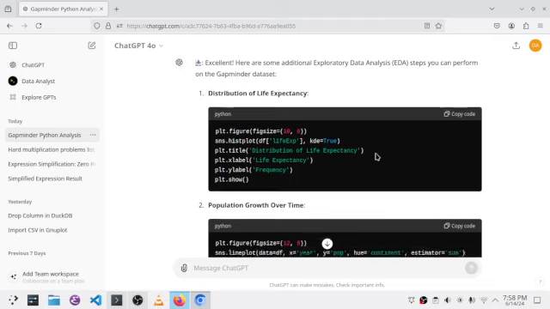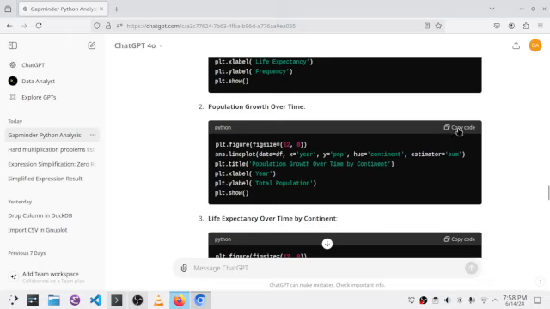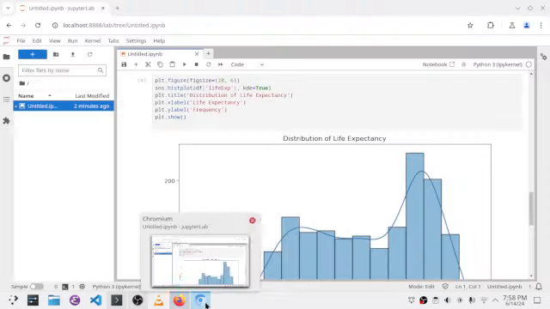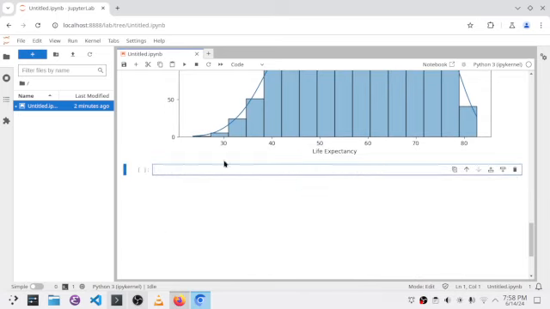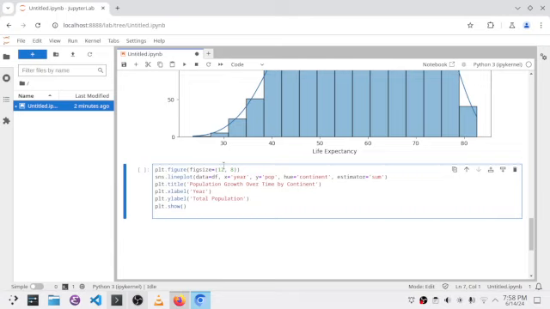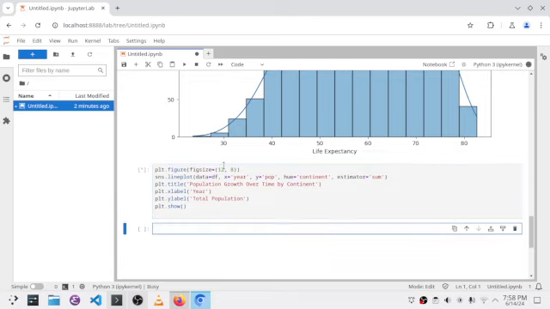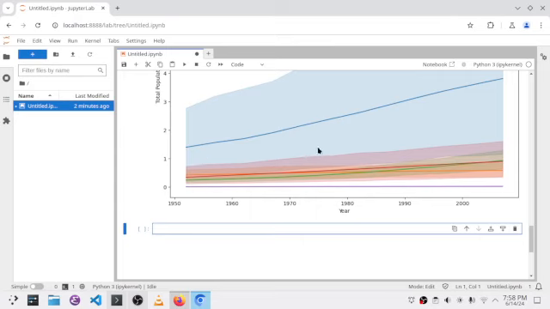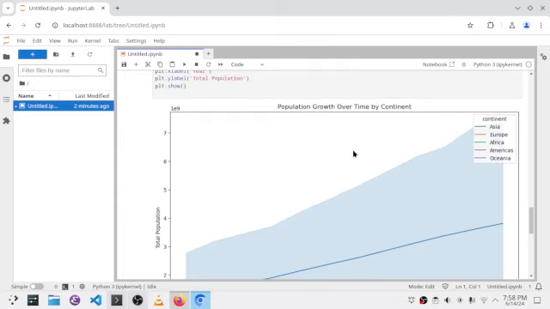So we got the histplot. But what we're going to do is, interesting, okay. So these represent the continents and the population growth over time.